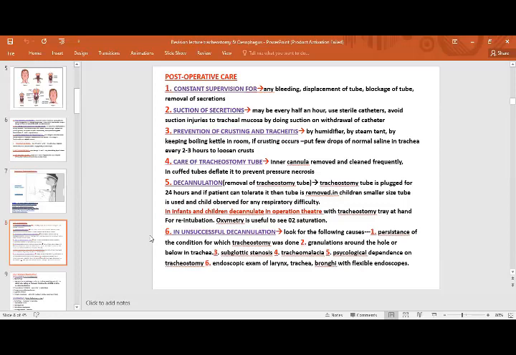If we place the tracheostomy tube for a longer time, then this condition would occur. And sometimes in some patients there is a psychological dependence on the tracheostomy. An endoscopic examination of larynx, trachea, bronchi is needed in those conditions when the decannulation is not successful.